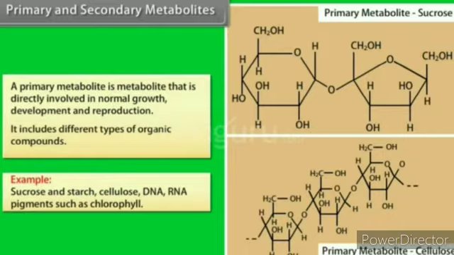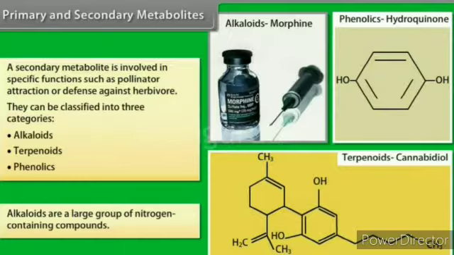It includes different types of organic compounds like sucrose, starch, cellulose, DNA, RNA, pigments such as chlorophyll, etc. A secondary metabolite is involved in specific functions such as pollinator attraction or defense against herbivores. They can be classified into three categories: alkaloids, terpenoids and phenolics.